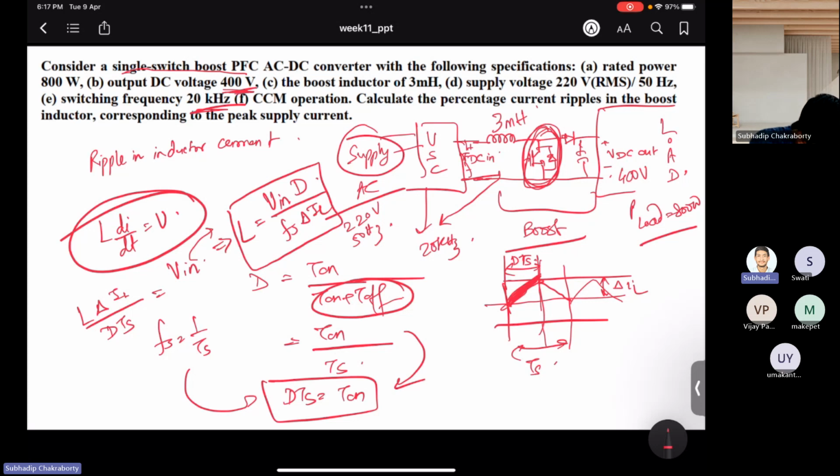So what is the input DC voltage? Can any one of you calculate? Because the modulation index I need, right? The modulation index is given. Yes, how will I calculate this DC link voltage?